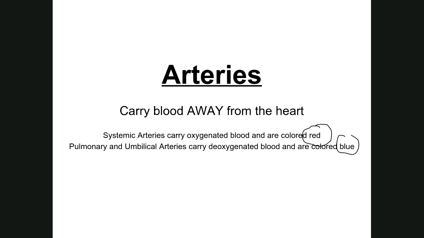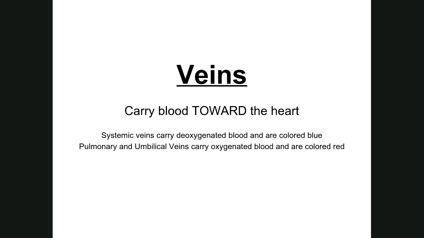Red, remember, means oxygenated blood. Blue means deoxygenated blood. But no matter whether it's oxygenated or deoxygenated, the blood in arteries is going away from the heart. Veins, on the other hand, some of them are colored blue, some of them are colored red. Remember, oxygenated, deoxygenated, but veins carry blood toward the heart, no matter what kind of blood is in there.